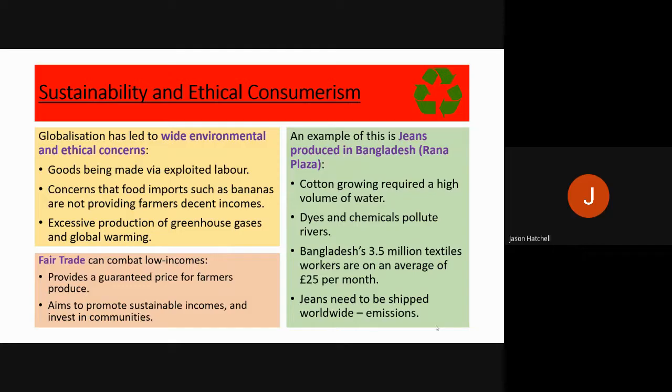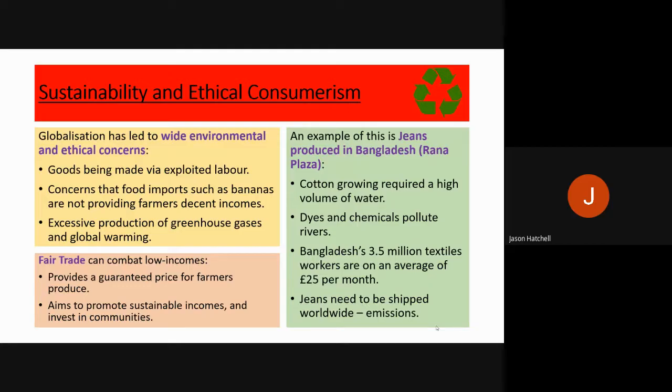And we have seen things like goods being made by exploited labor in sweatshops. We have seen food imports such as bananas not providing farmers with decent incomes. The same goes for coffee and also chocolate. And we have also seen an excess in the production of greenhouse gases, for example, carbon and CO2, particularly some nitrates as well, that lead to global warming that pose a threat to the entire world.